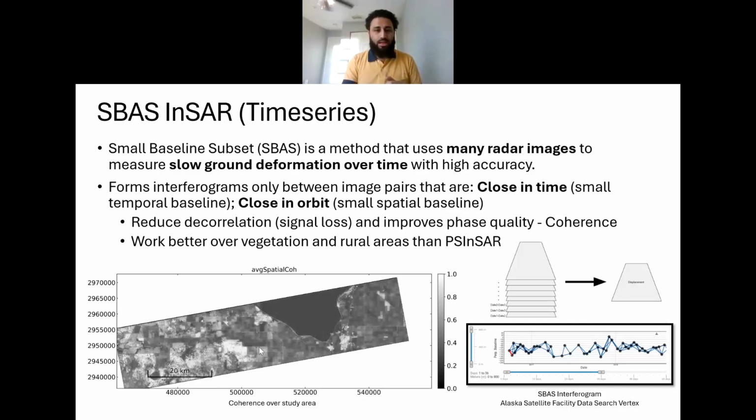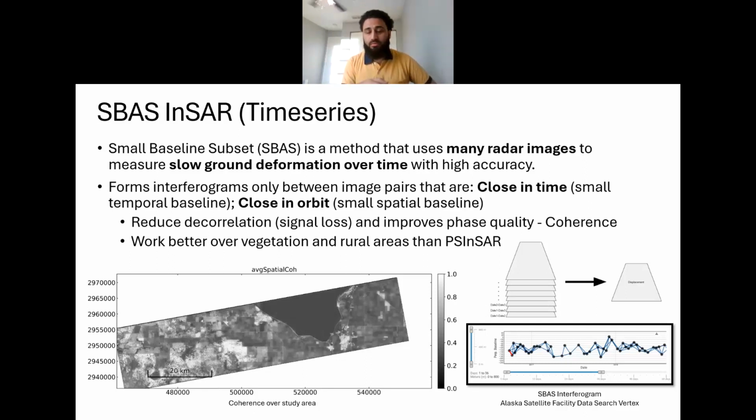Coherence, let's say here, if you see in this image, this is the study area. You see these bright spots, those are high coherence areas because these are urban areas. And these darker spots are vegetation. Vegetation moves on the ground between the two images, and that's why you lose coherence. That means there is some change because of this. If the change is because of the movement of the vegetation, then we can't show the soil subsidence.